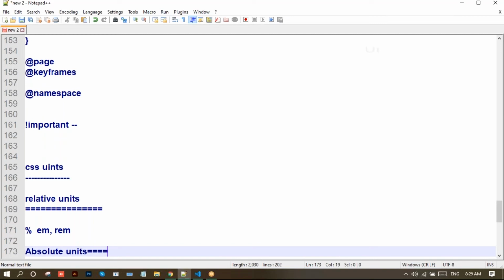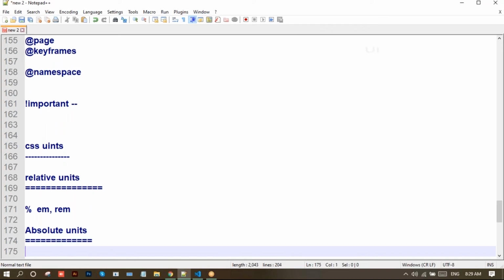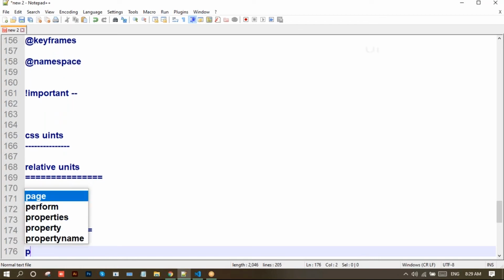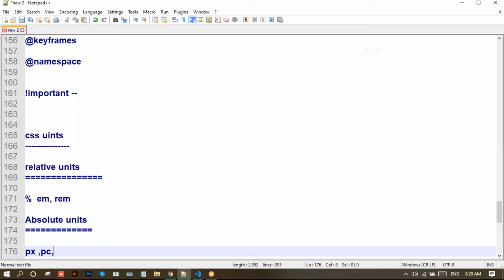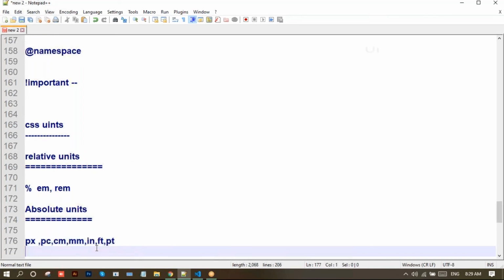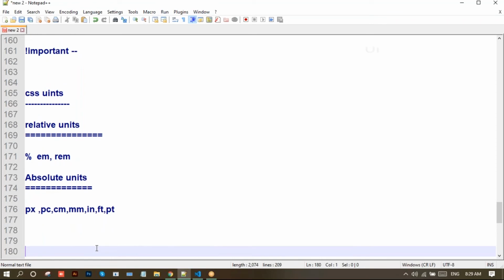And next we have absolute units. In absolute units we have pixels, picas, centimeters, millimeters, inches, feet, and points.